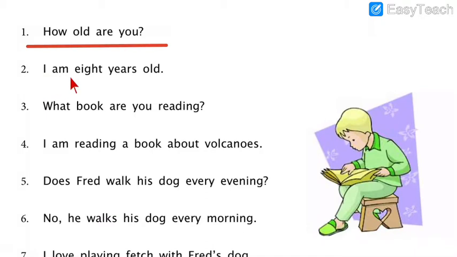Number 2. I am 8 years old. I am 8 years old. What is this, students? Is it a question? No, it is just a piece of information. I am 8 years old is just information. No, your sir is not 8 years old. Your sir is 23 years old. This is what is written here and I am reading it.